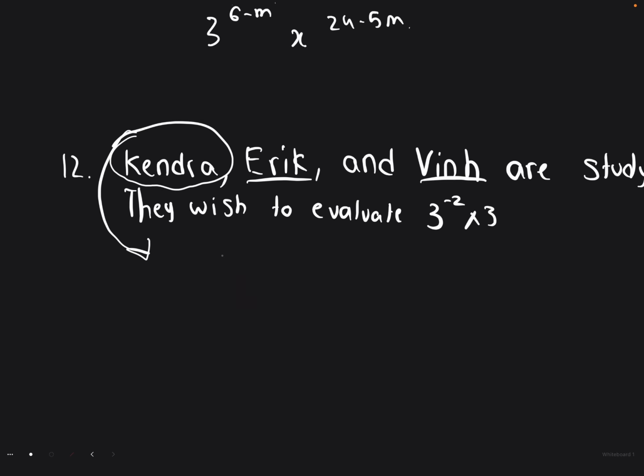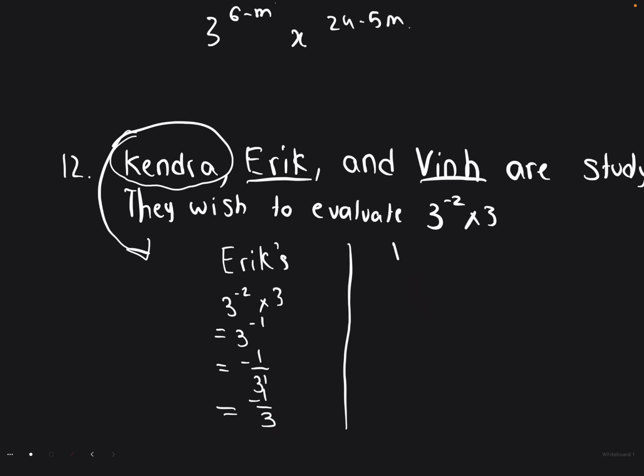So I'll draw Eric's solution here. So this is Eric's. So he did 3 to the minus 2 times 3. And this is Vin's.